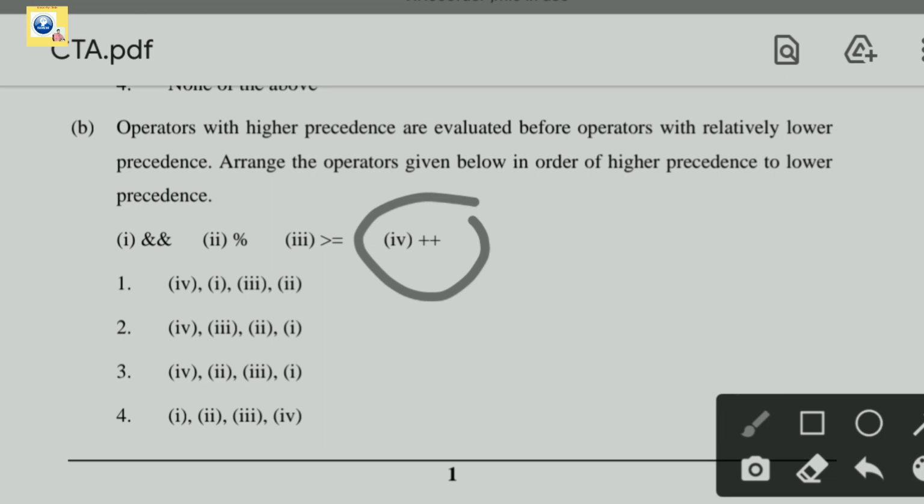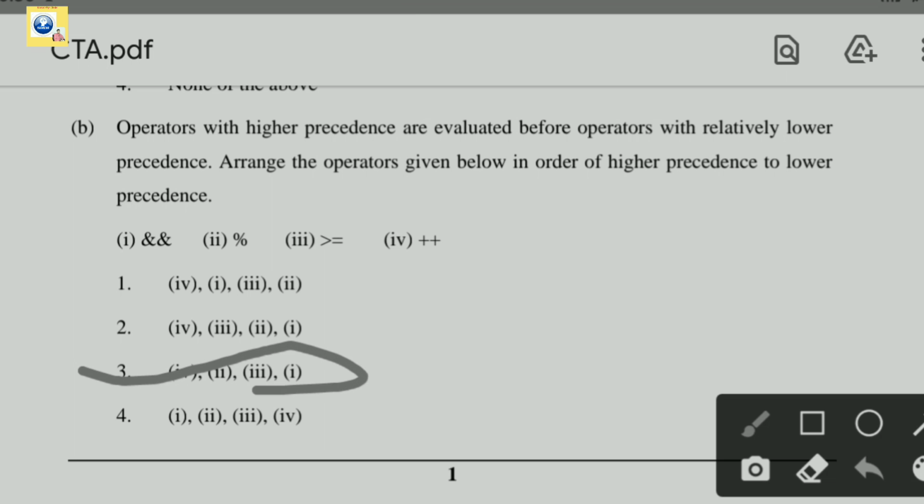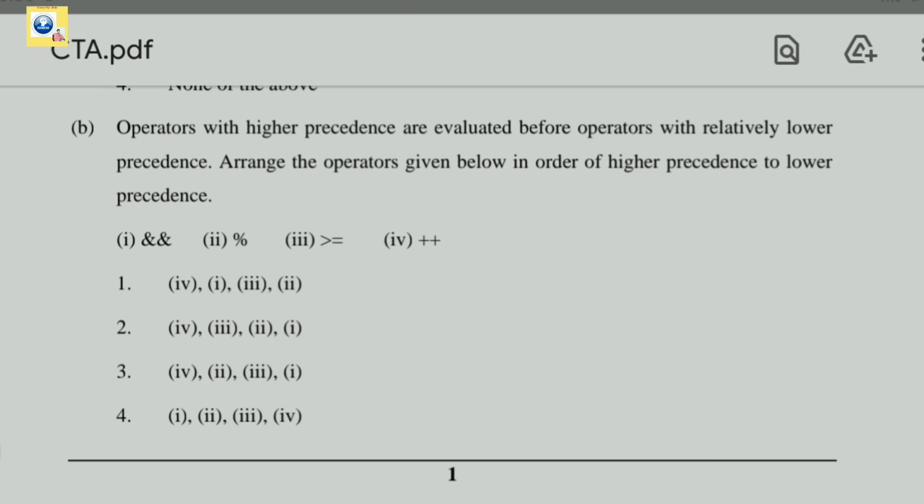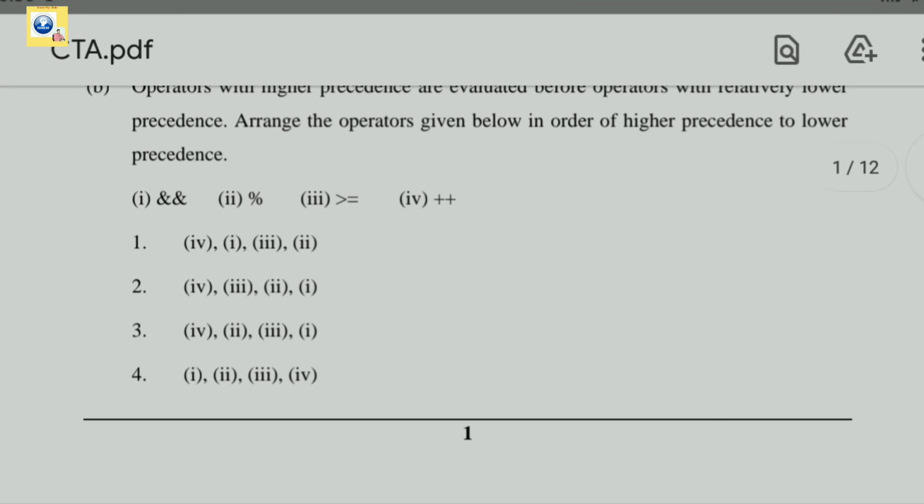Then the second highest precedence is of the modulus operator. Third is the relational operator, and the fourth one is the logical one. So the correct order is 4, 2, 3, which means the third option will be the correct one.